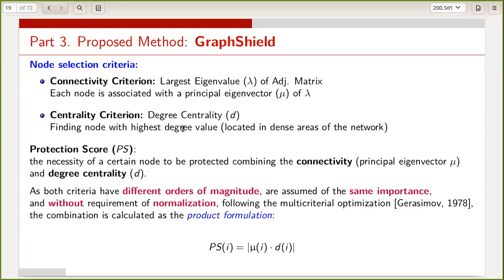Because both criteria have different orders of magnitude, and we assume that they have the same importance, and without requirement of normalization, based on the Gerasimov multi-criteria optimization, we can use the product formulation.